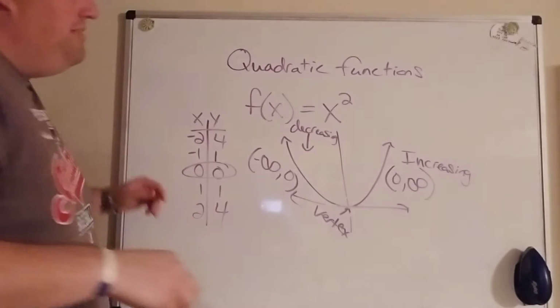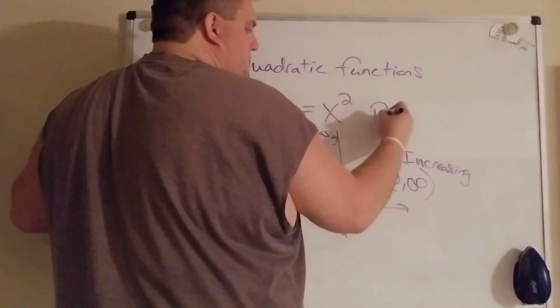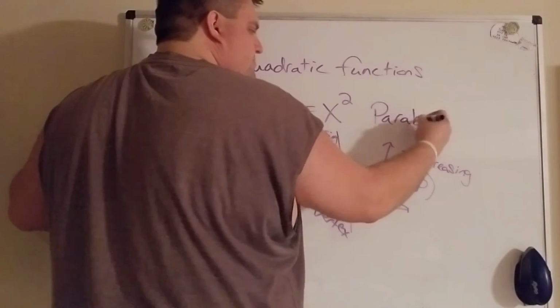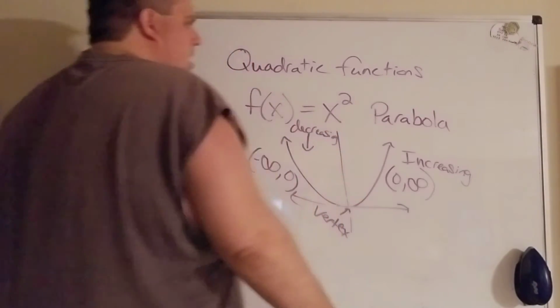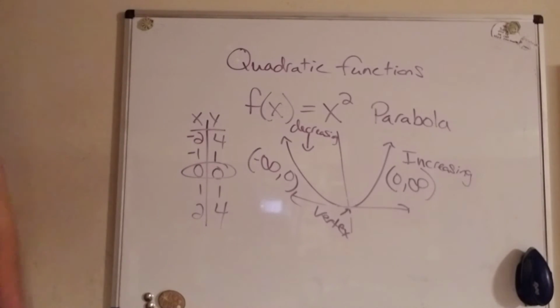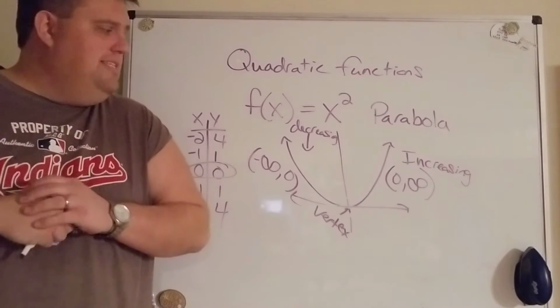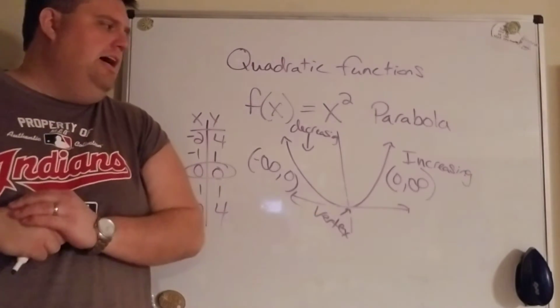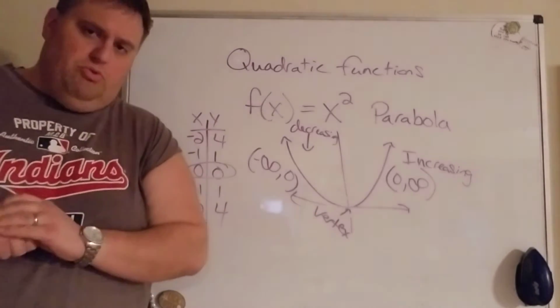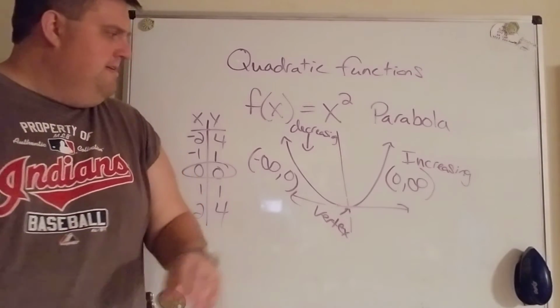Oh, I didn't talk to you about the name. This shape is called a parabola. Quadratics are always going to give us some form of parabola, this bowl shape that does have this vertex. It does have a line of symmetry, which we'll talk about a little bit as we get farther.